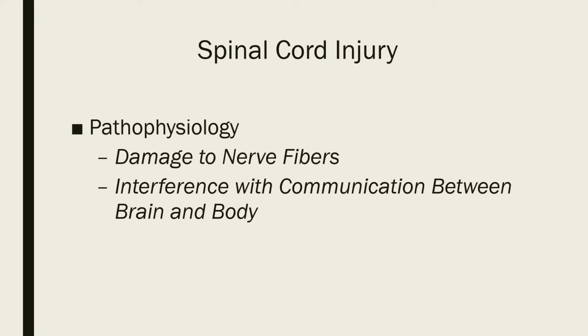The injuries are described by the location or the degree of the damage. Complete means that there is no motor or sensory function below the level of injury. And then you can have an incomplete spinal cord injury, which means they have some function below the level of the injury.